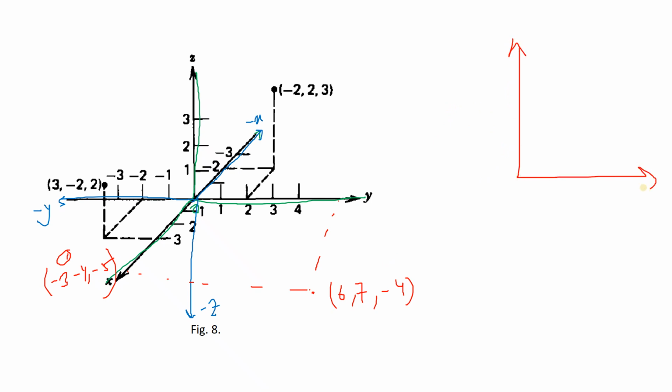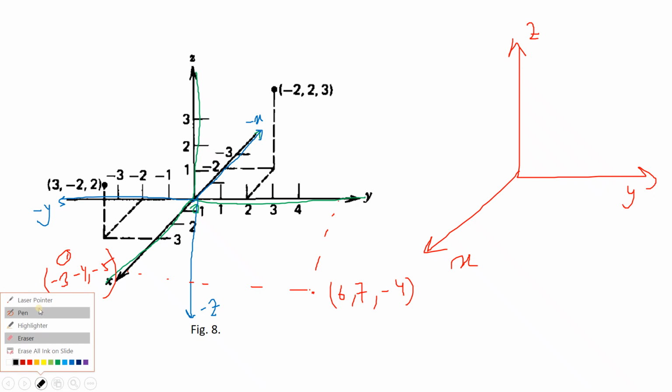Always remember, in the Cartesian coordinate system, you will have 3 axes which are perpendicular to each other. You have to name this x. You cannot change it. You cannot give it y. No. This is x, this is y, this is z. This is the convention which is used everywhere. If you name them differently, then you will not be able to solve the problem, because whenever the question is given to you in the exam or in any field where you are working, you will see that x is represented in this direction, y in this direction, z in this direction.